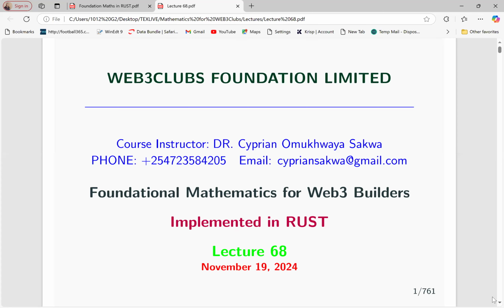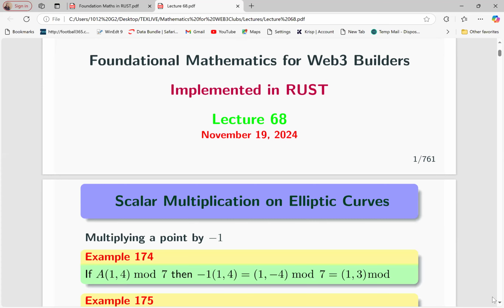So today we want to proceed. This time we want to see how to multiply points on elliptic curves by scalars. A scalar is just a number, so supposing given point A, can you get 5A? Can you get 17A, and so on?